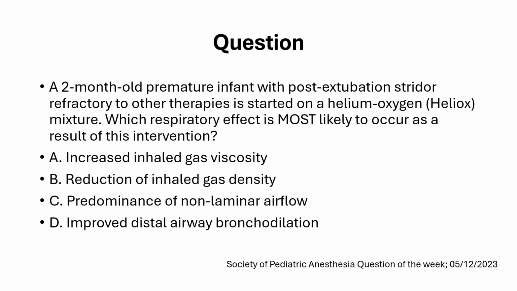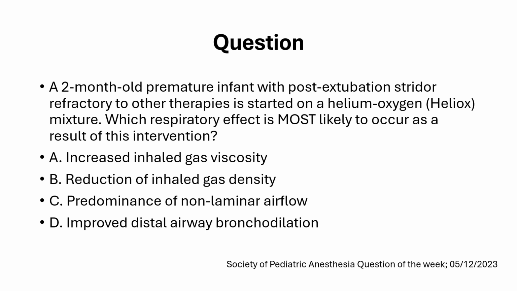Let's do a question. We have a 2-month-old premature infant with post-extubation stridor, which is unfortunately refractory to mainstream treatments. The infant is started on Heliox, which is a mixture of helium and oxygen.